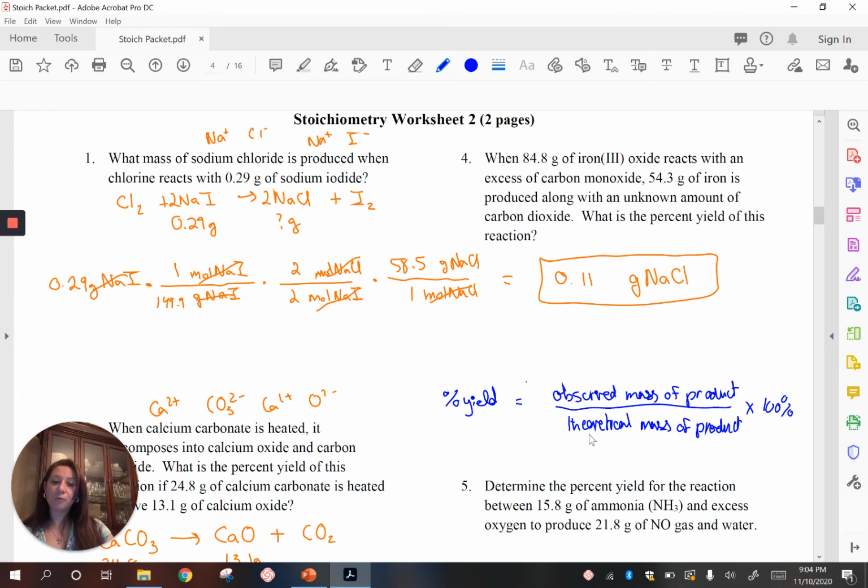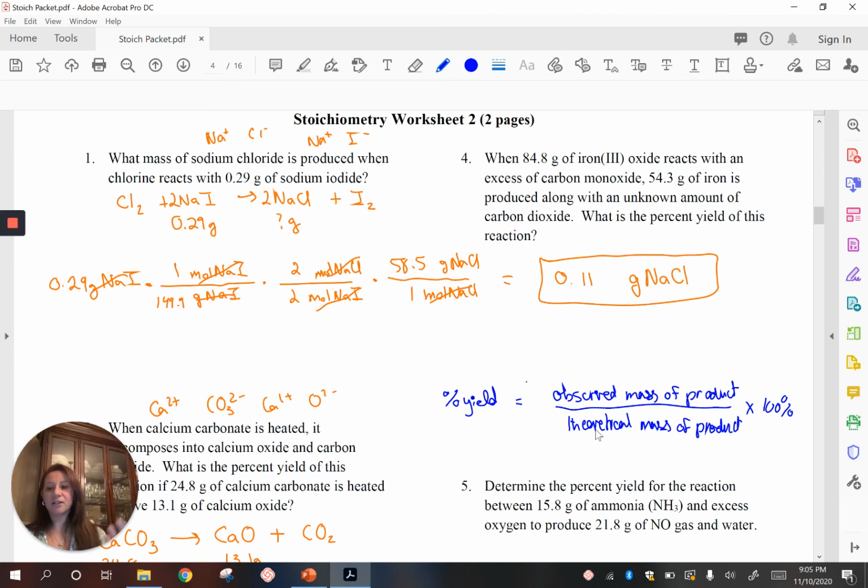Versus the theoretical mass is a calculated value, similar to this right here. This is a calculated value. If, again, we lived in a utopia and everything was perfect, this is the mass of the product that we should get. So we compare what we really get as the observed versus what we should have gotten theoretically and multiply by 100%.